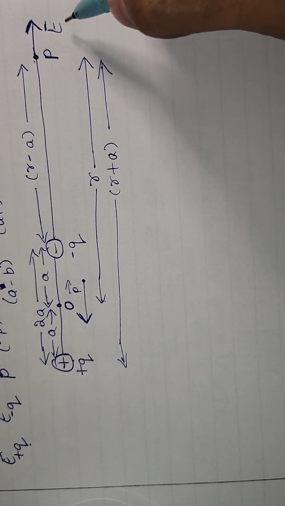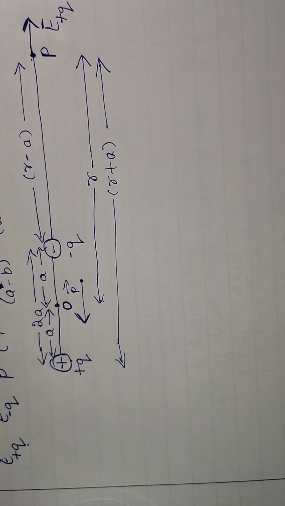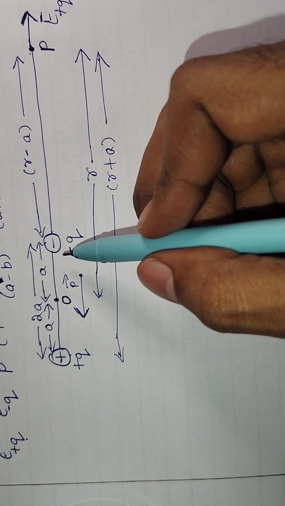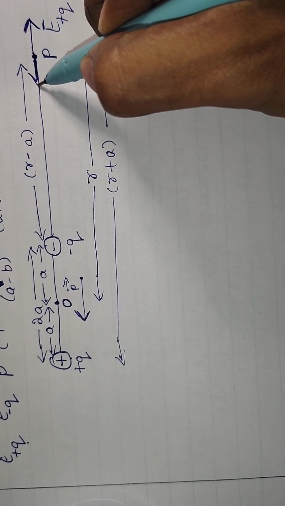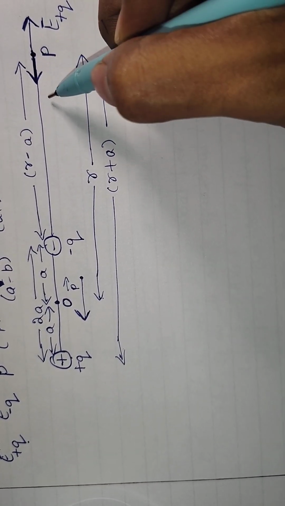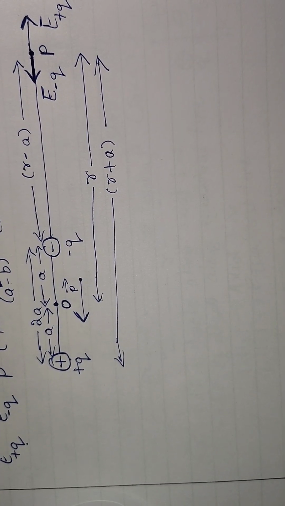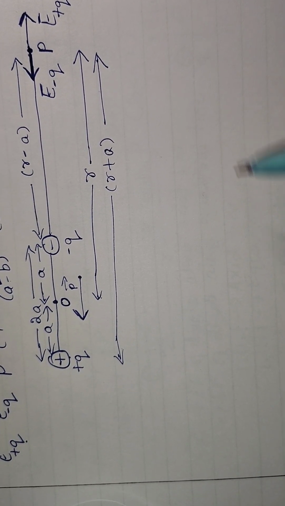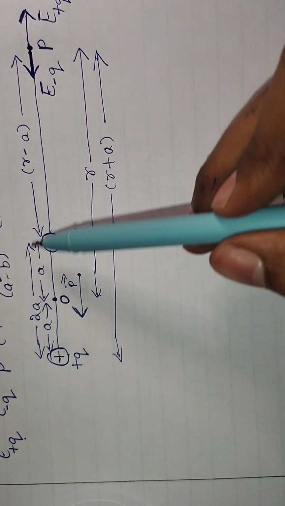This indicates electric field due to positive charge. Similarly, due to negative charge, it will be radially inward. So at this point, what happens? The electric field will be in this particular direction. That arrow mark indicates electric field due to charge minus q. So for this entire diagram you will have 1 mark with the correct labeling.